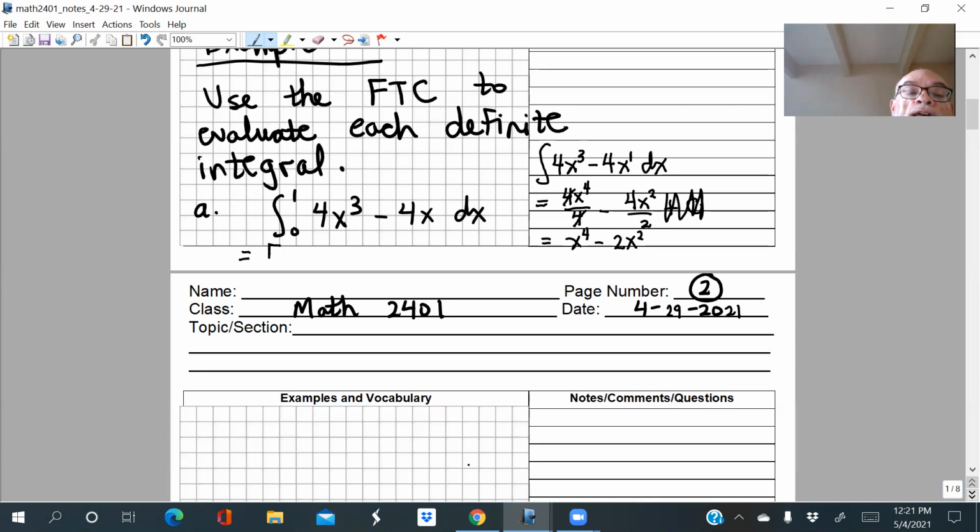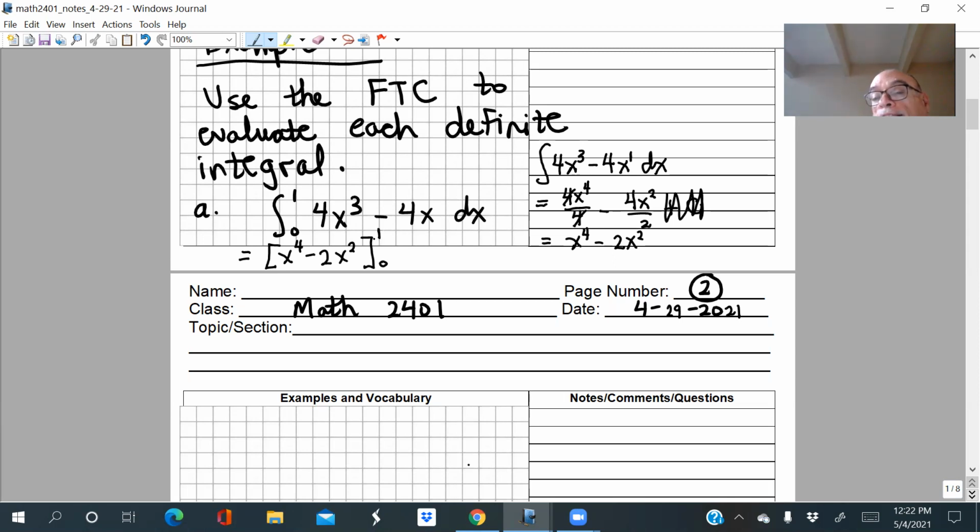Here's how I'm going to indicate this on paper. I'm going to put square brackets here. Here's my antiderivative. I'm going to plug the 1 in and the 0 in, and take the difference of those two results.